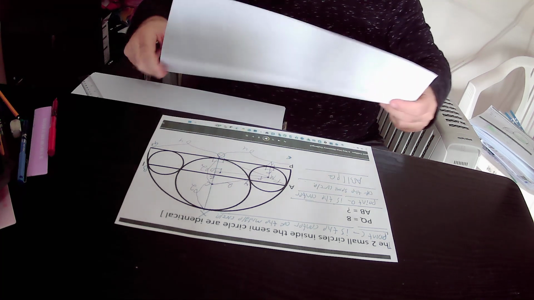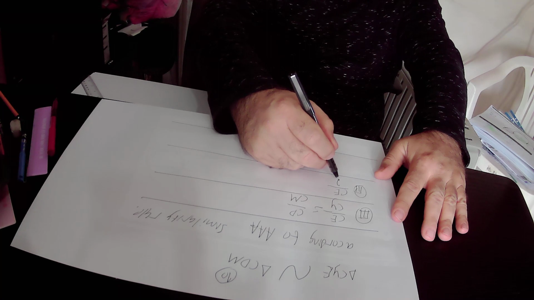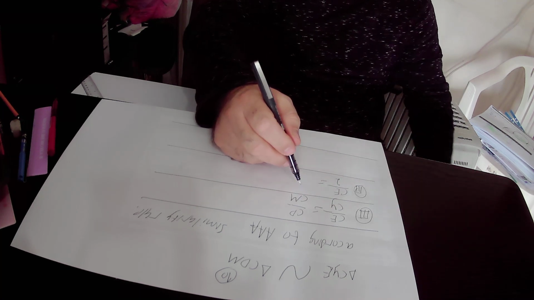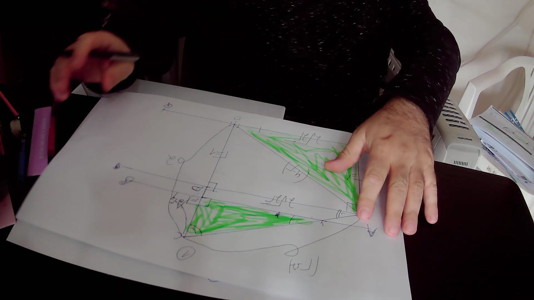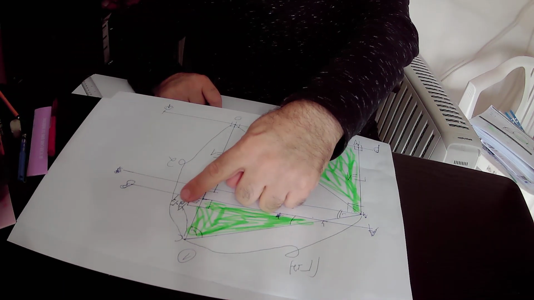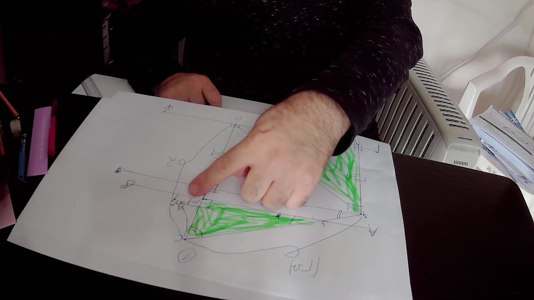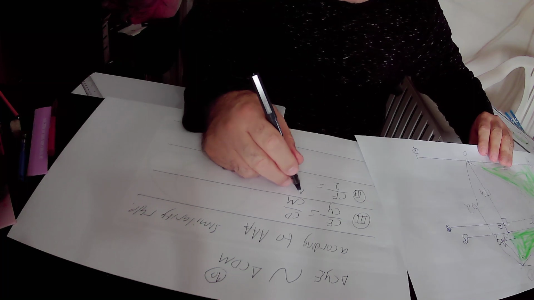So CY equals 2 units and it equals CD over CM. What is the value of CD? From this drawing you can see that CD equals 1 unit. So we can write down that CD equals 1.